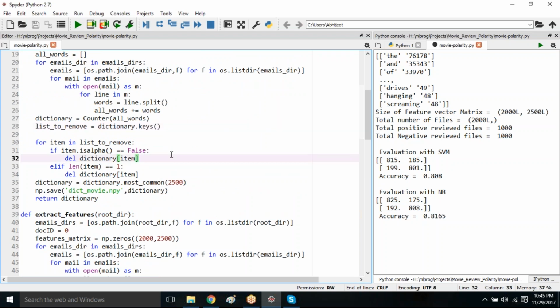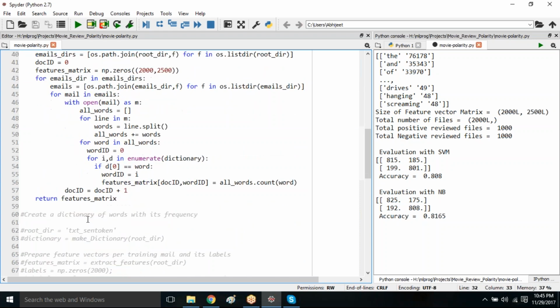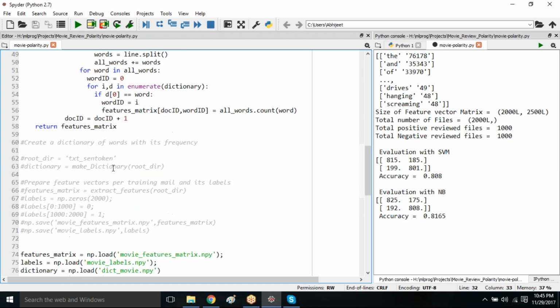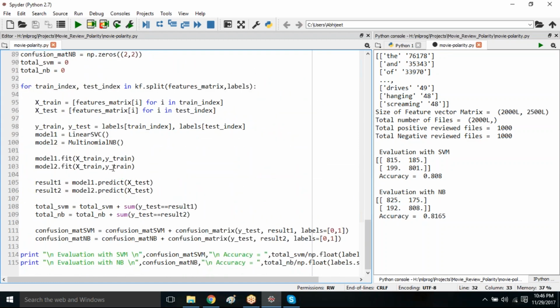So that is why you should also read about this, and maybe try to code something like this. It will give you a clear understanding. So this is it about the word model, or you can say word count vectors.